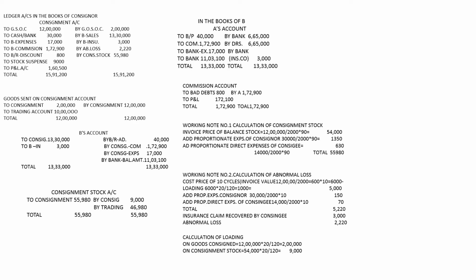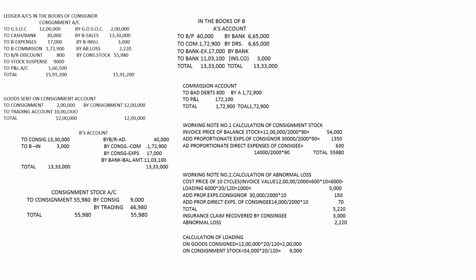Del credere commission is given to hold him responsible for bad debts. That is, he will have to bear the loss of bad debts. And overriding commission is given when he sells goods more than the agreed one. On that he is given extra commission.